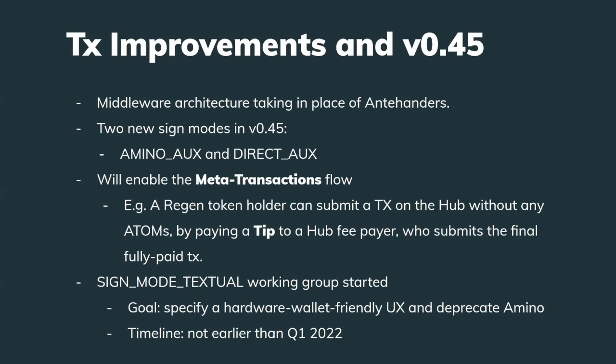And so that working group has started and is going to be decoupled from this 0.45 release process. If anyone wants to get involved in that, you can let me know or ping Amory. It's the Simon textual working group, and it's probably going to take some time to get this right, but we're trying to involve the right people and keep the ball rolling on it.